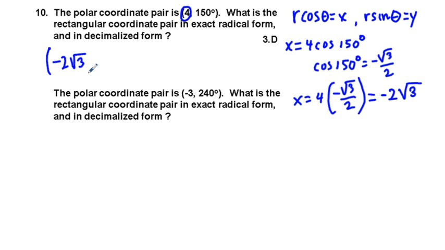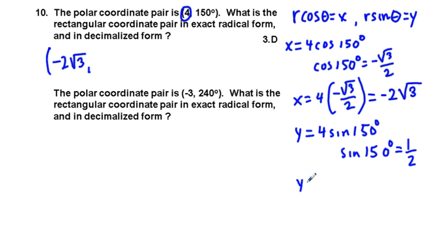And now we're going to get our y value. So y is equal to 4 sine of 150 degrees. And I happen to know that sine of 150 degrees is equal to 1/2.